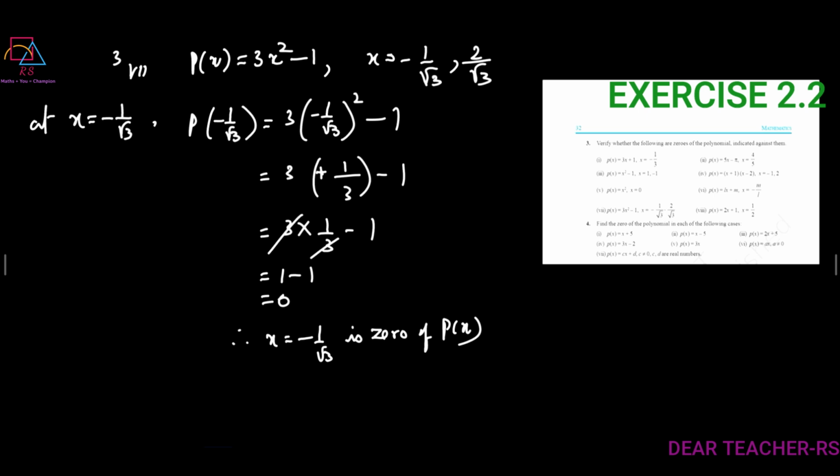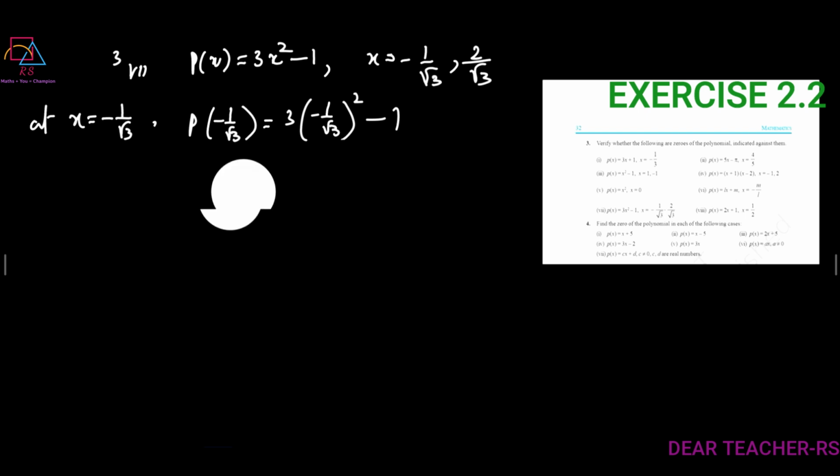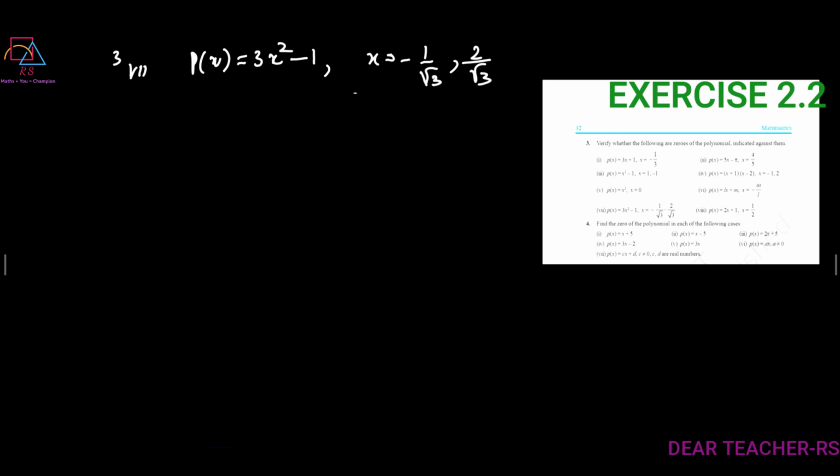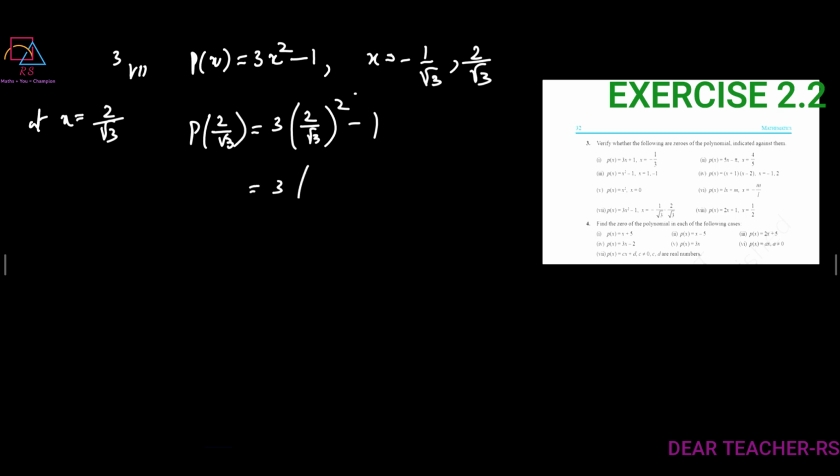Now let us test the second one also, 2 by root 3. At x is equal to 2 by root 3, p(2 by root 3) is equal to 3 into (2 by root 3) whole square minus 1. 2 square is 4, root 3 square is 3.